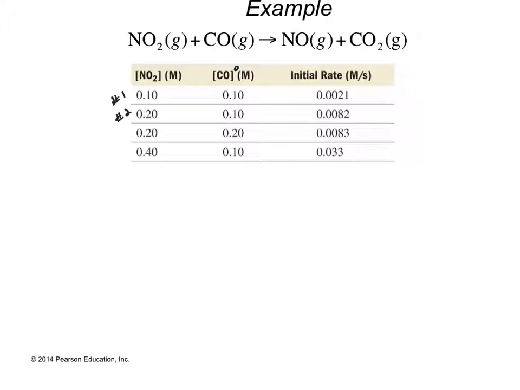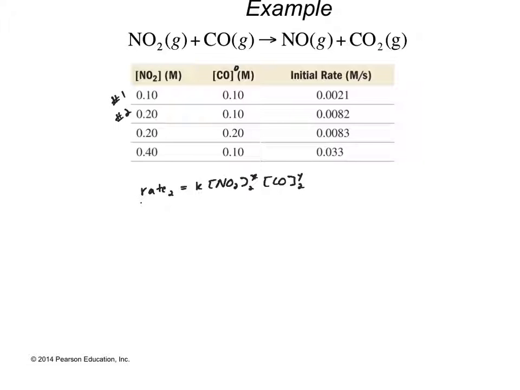What we are really doing here is comparing the ratio of the rate laws of the 2. So what do I mean by that? I'm going to take the rate law for experiment 2 with unknown orders. We don't know what the orders are. So the rate for experiment 2 is equal to K times the concentration of NO2 in experiment 2 raised to our unknown power, times the concentration of CO in experiment 2 raised to its unknown power, and we're going to take the ratio of the same rate law for experiment 1.